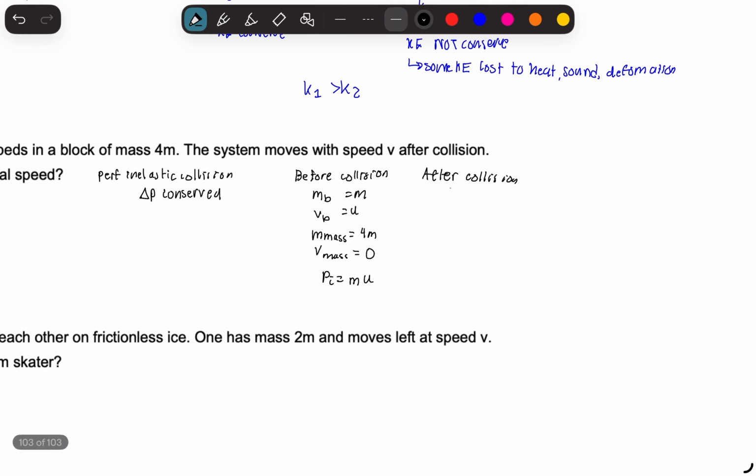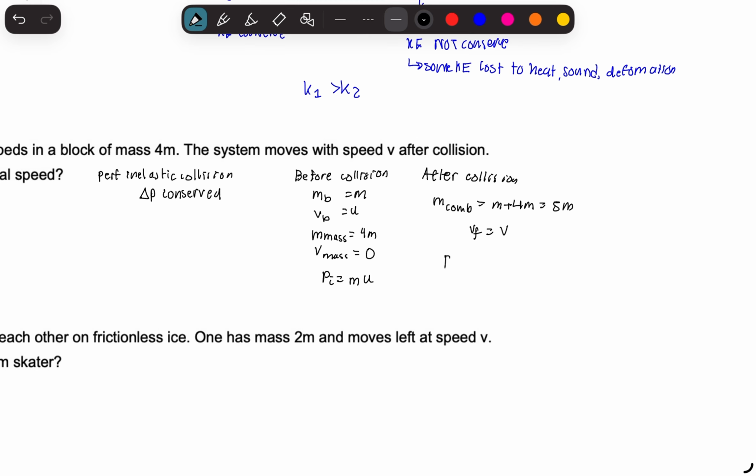Then after the collision, you're going to have one mass. That's your m plus 4m equal to 5m. And your vf is going to be equal to v.